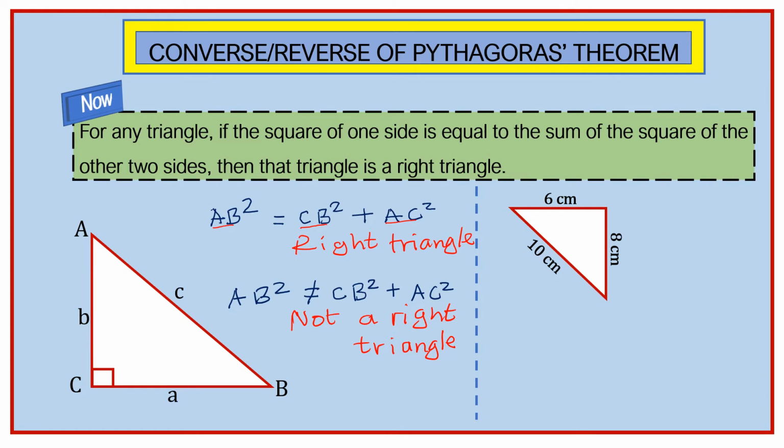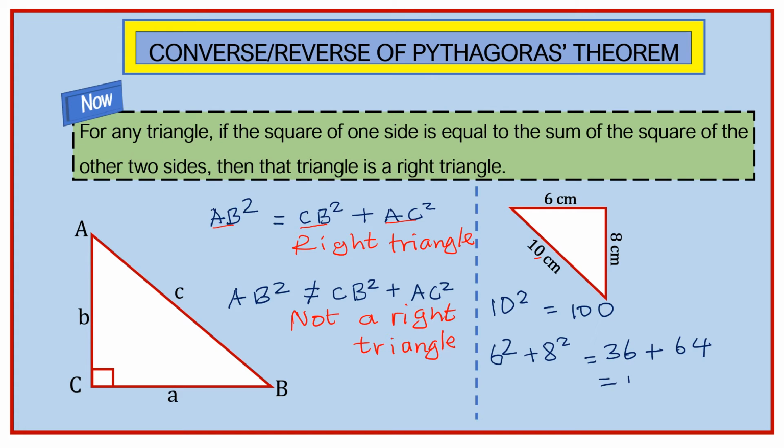The hypotenuse is 10. If we get 10 squared, we will get 100. And then, if we get 6 squared plus 8 squared, we will get 36 plus 64.